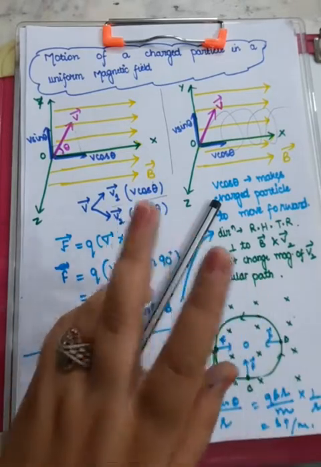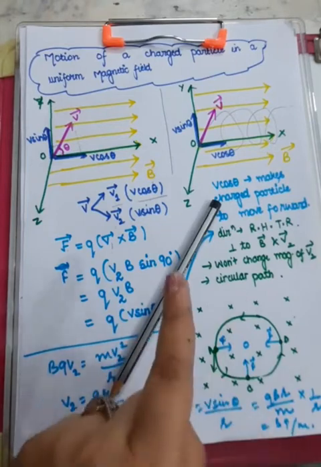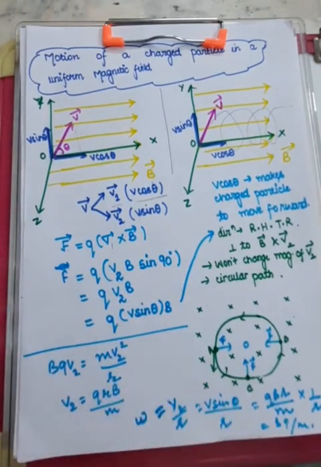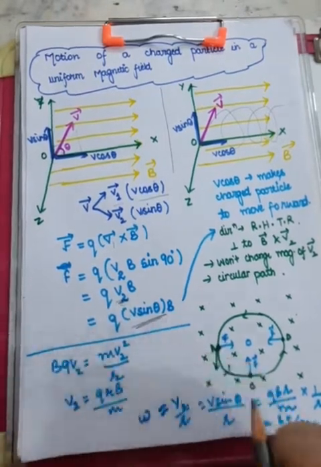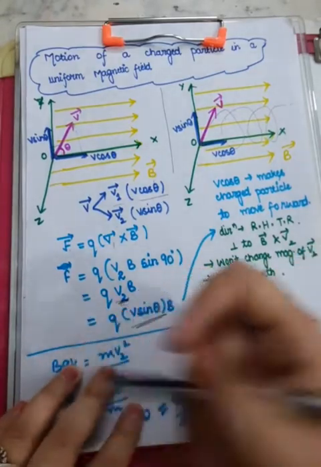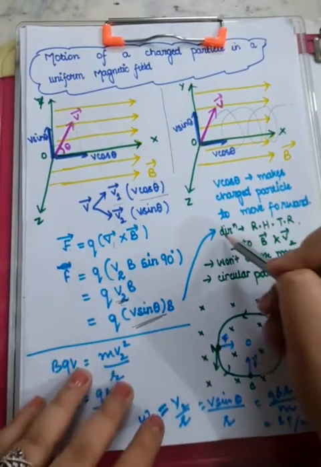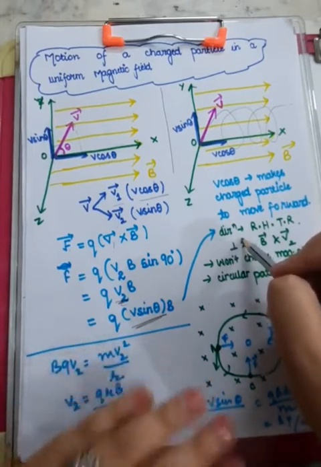But the component v sin theta, which is perpendicular to B vector, will experience a force which is given by this. I have substituted the value of v2 over here. After that, you need to find the direction of this force. The direction of this force will be given by the right hand thumb rule.